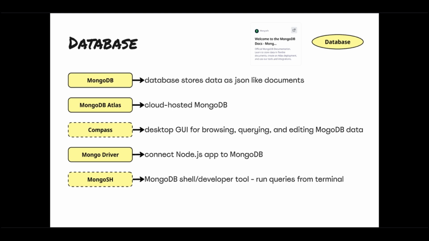Compass and Mongo Shell or Mongo SH are developer tools that help you to use the Mongo database locally as you're developing, and it makes it a little bit smoother without adding barriers, but you don't bring those to production. And then Mongo Driver is what actually connects Node.js to the Mongo database.